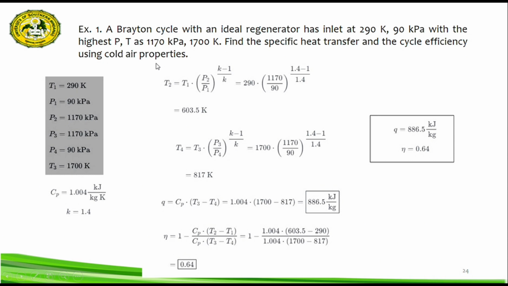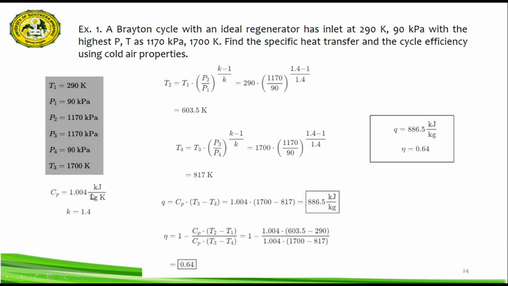So first we need to list down all the givens. We have T1 as was mentioned in the statement, 290 Kelvin, pressure 1 which is 90 kilopascal, and pressure at state 2, 1170 kilopascal. Since P2 is equal to P3, we also have the same 1170 kilopascal, and at state 4, 90 kilopascal, and temperature at state 3 which is 1700 Kelvin.